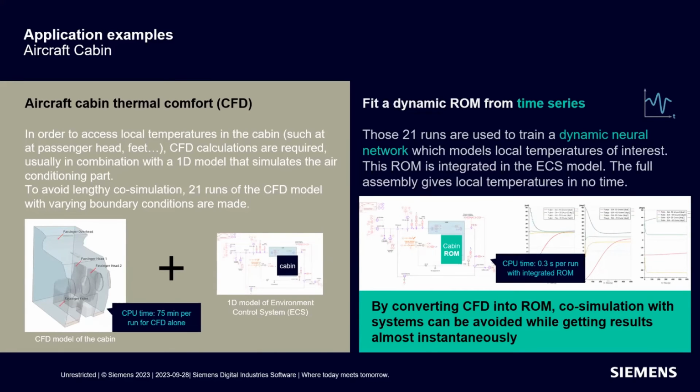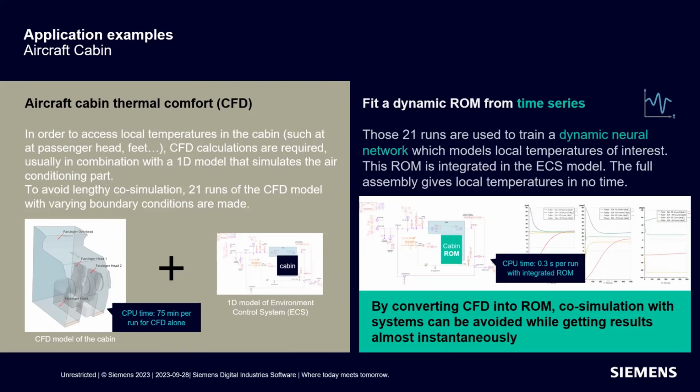Very similar. So we had a CFD run taking roughly 75 minutes each time, right? We know obviously CFD can be very cumbersome on the computer. When we then took that CFD, developed a ROM from it, which was a neural network, we then got it to go down to 0.3 seconds each time we simulated inside of AIMSIM.